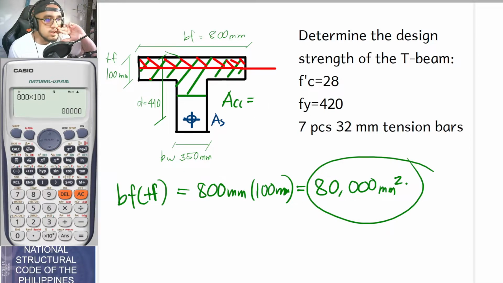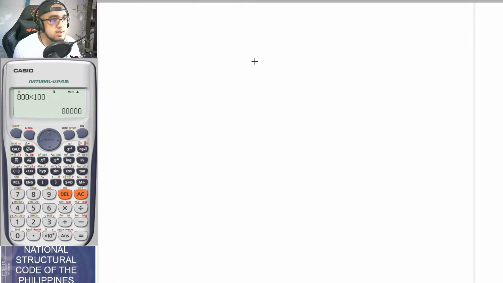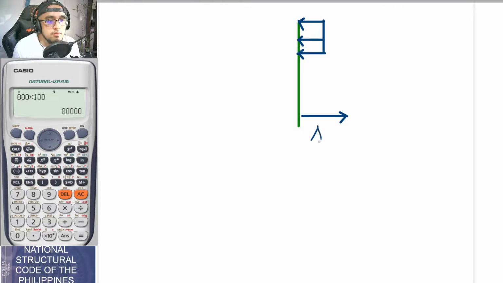Okay, so now let us check the value of our compressive area. The compressive area of concrete, in terms of the summation of horizontal forces. Once again, this is the stress diagram, so we have here 0.85 f'c and As fs. Let's say this is As fs, and we will be assuming that it is yielding. Let us check later if it would really yield.